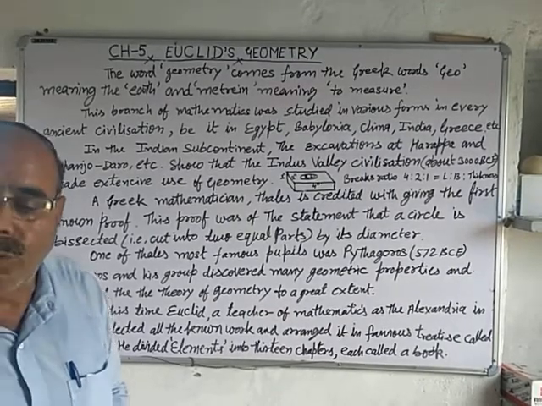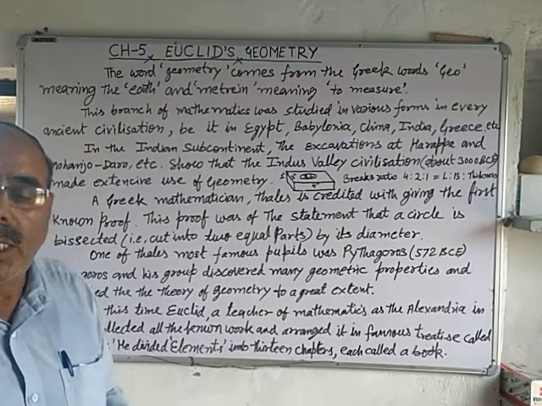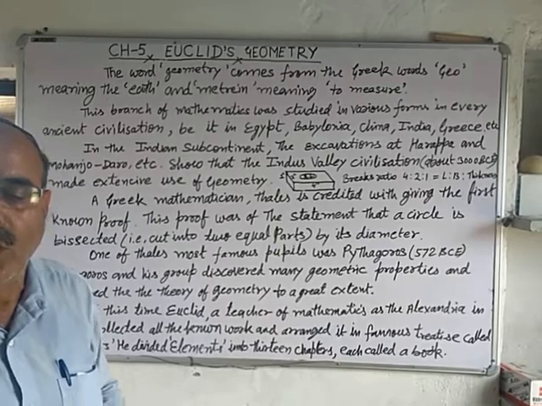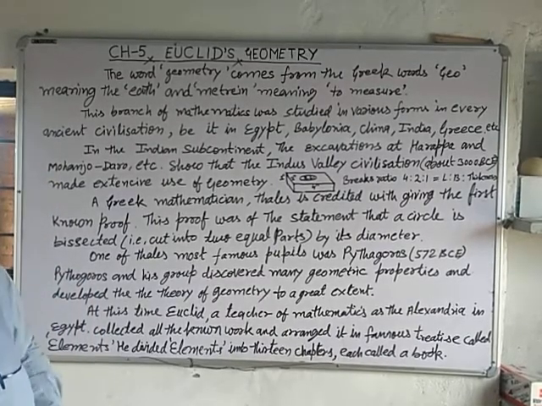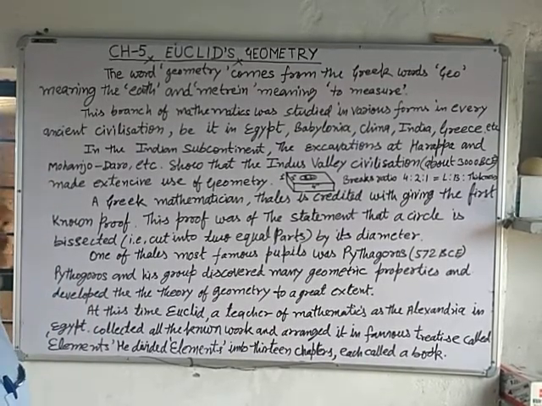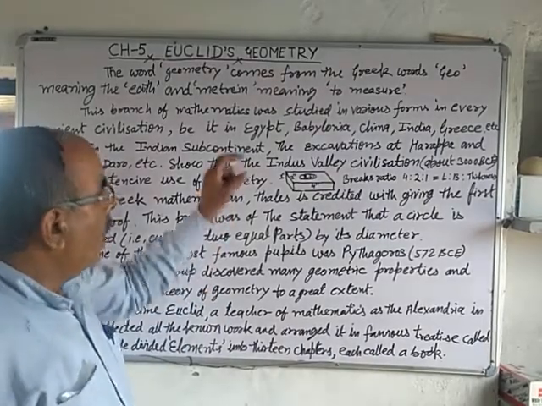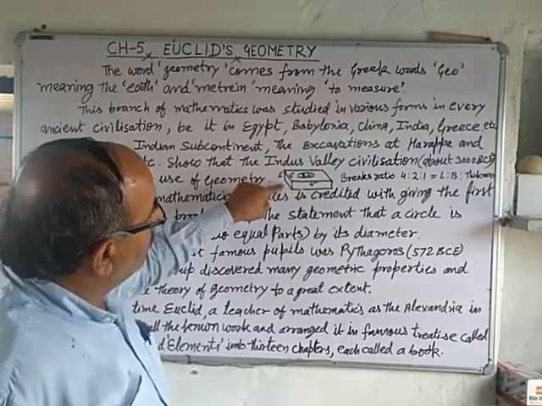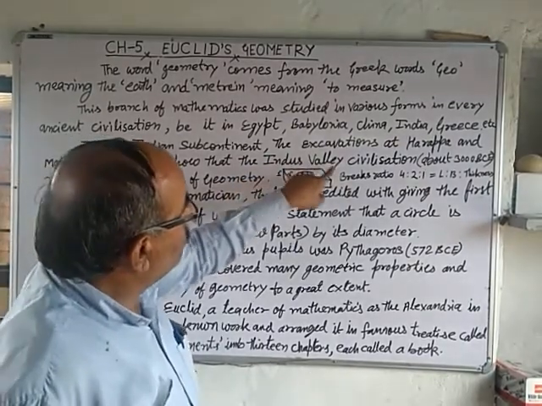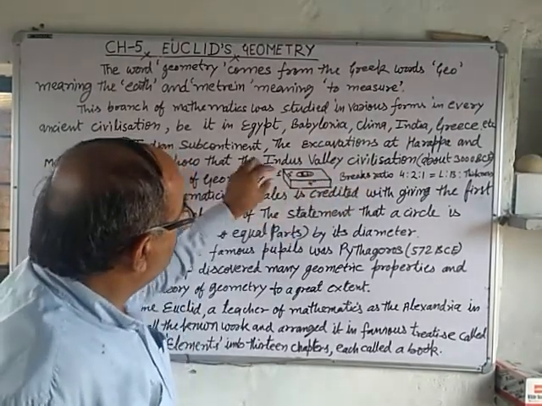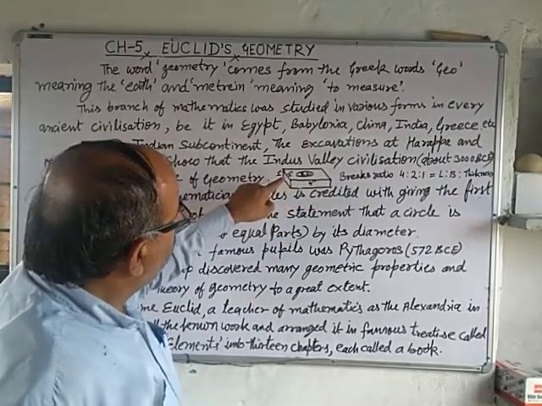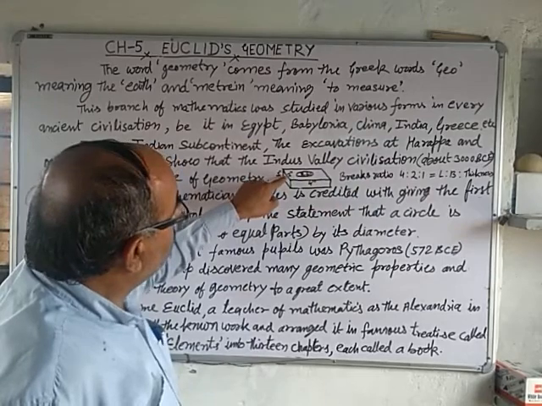The bricks used for construction were kiln fired, and the ratio of length, breadth and thickness of the bricks was found to be 4:2:1. I underline the bricks of the Indus Valley civilization.